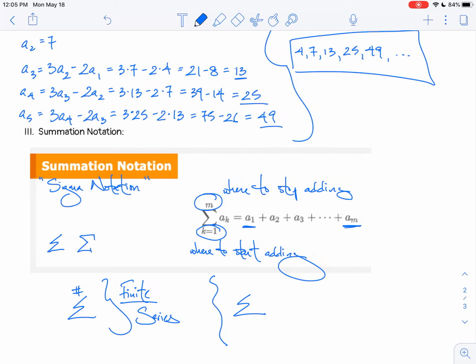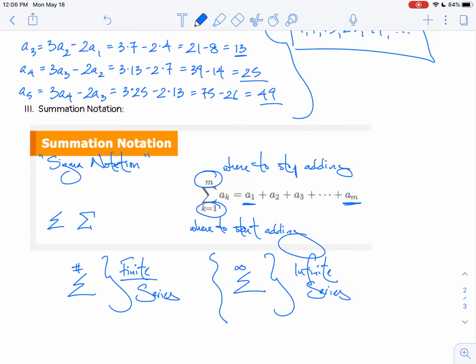But if I have my summation notation and I have an infinity on the top, this is something called an infinite series. That would mean that we would have to add up every single term in the entire sequence to get the answer.